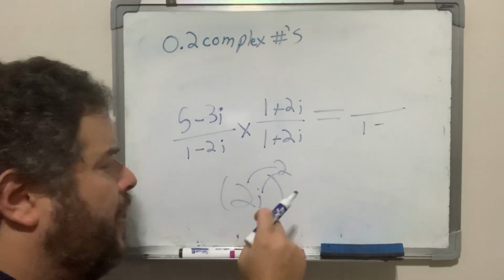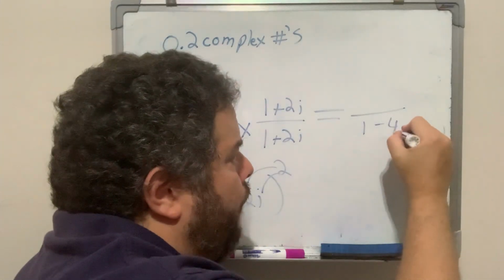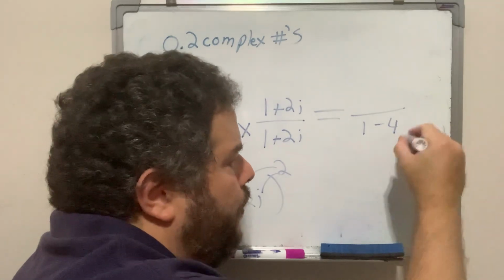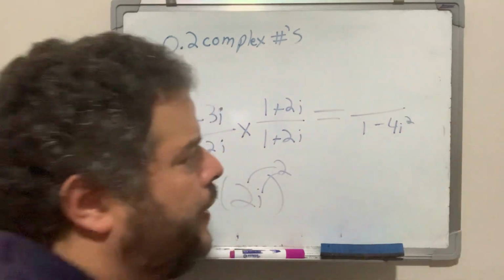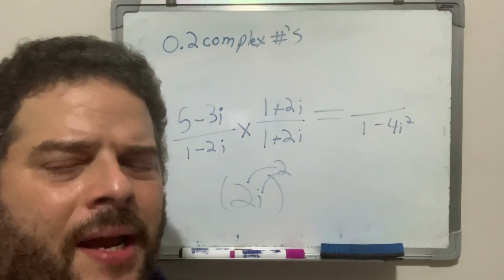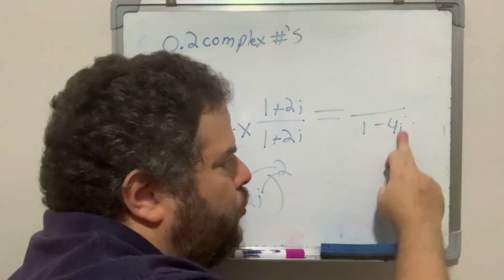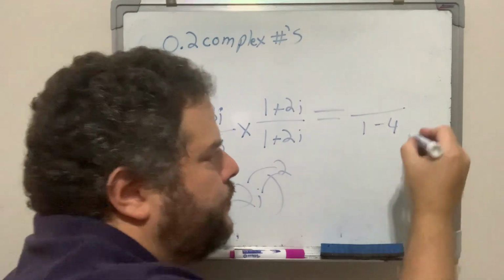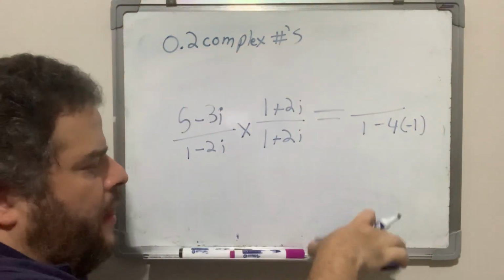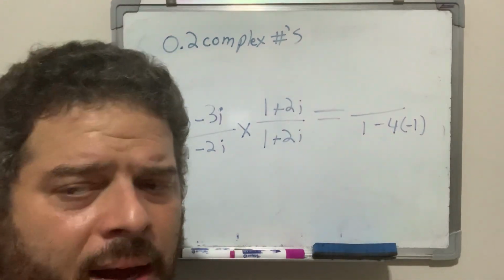So I'm going to end up with 4i squared. Now remember, as soon as you see an i squared, switch it to -1. That takes care of my denominator.